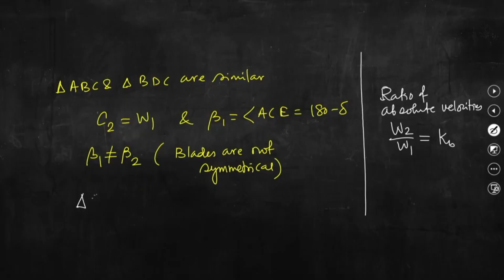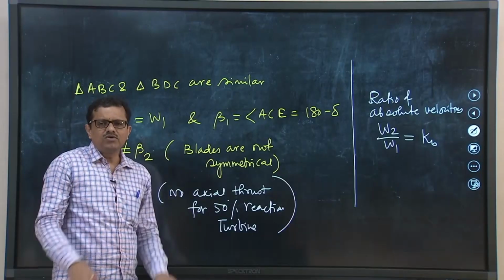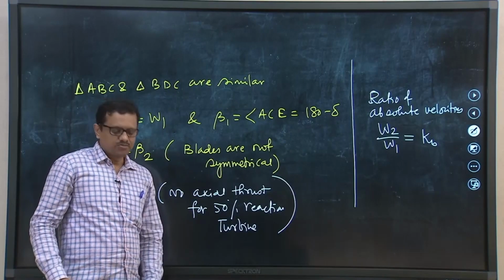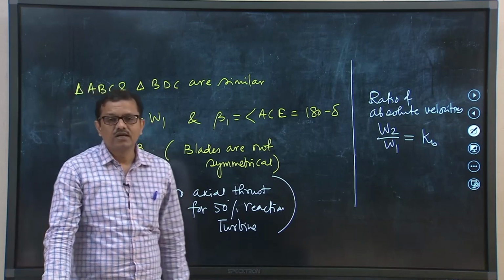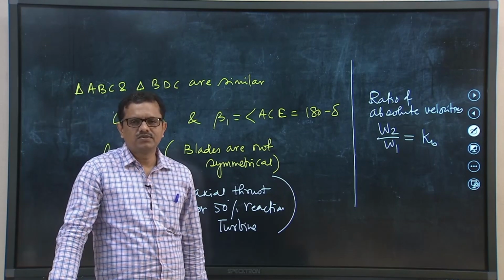Delta C A equal to 0, no axial thrust for 50% reaction turbine. But as I said, a small amount of axial thrust would be there, due to change in pressure of the steam as it passes through the blades.